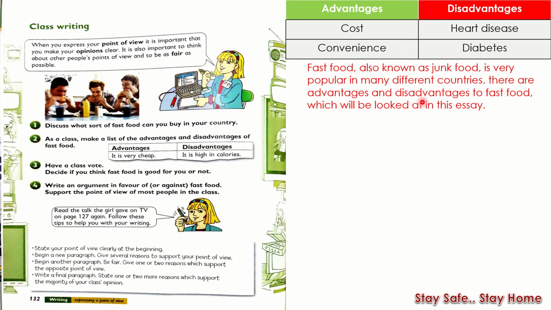There are advantages and disadvantages to fast food, which will be looked at in this essay. So I have built an introduction, guys, telling the readers that I am going to express my opinion about fast food. Okay? Begin a new paragraph.